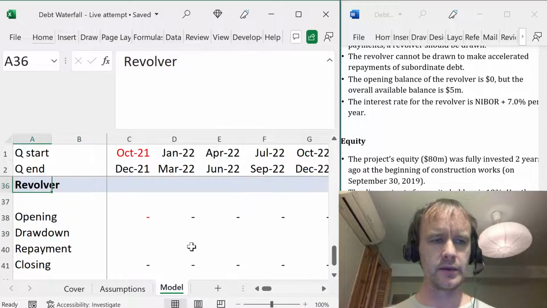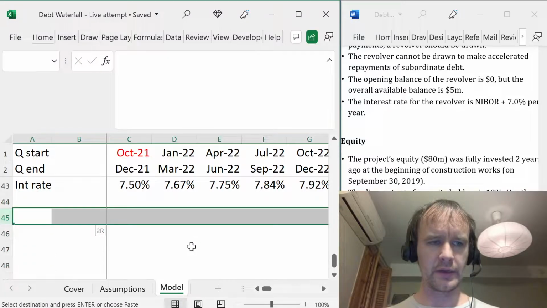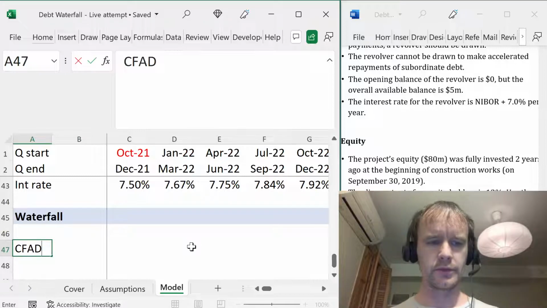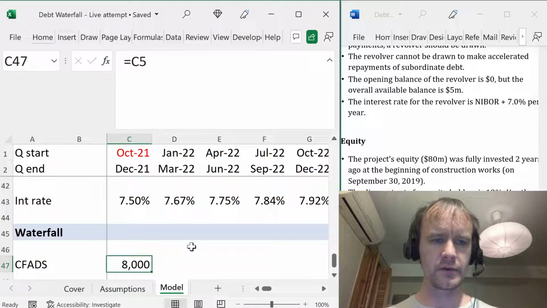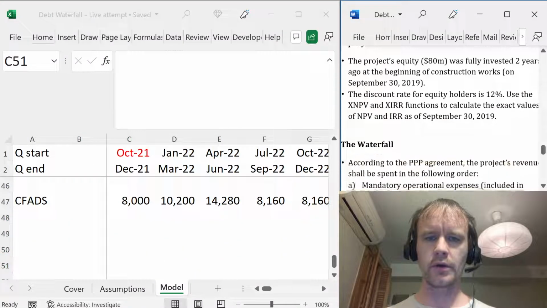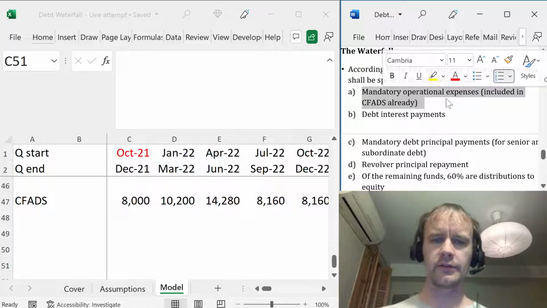And then okay, so then the next thing we'll do is the waterfall, and that'll help us figure out. So we start off with our CFADs. I'm just going to link back up to here so I have it where I can see it. And then let's talk about what are the obligations. So first, mandatory operational expenses already included in getting to CFADs.